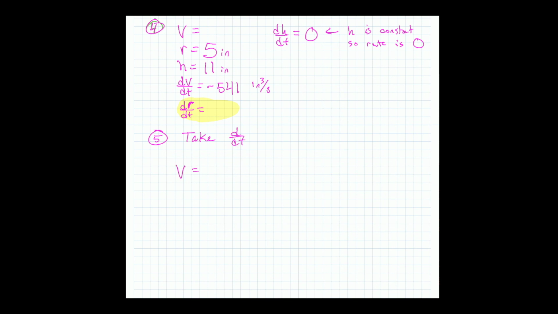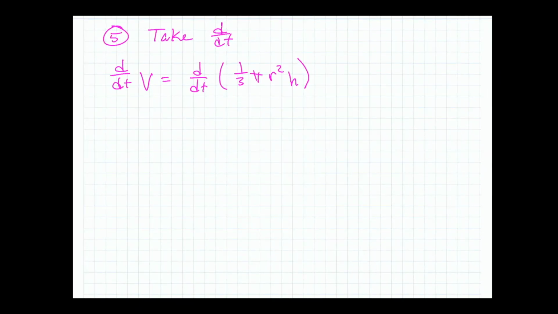So I've got d/dt V equals d/dt of 1/3 pi r squared h. Okay, take your derivative. On the left it's just dV/dt. Like I said, we're not going to need V, so that's nice.